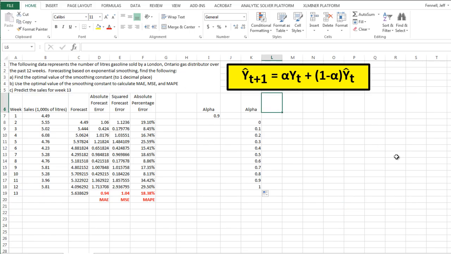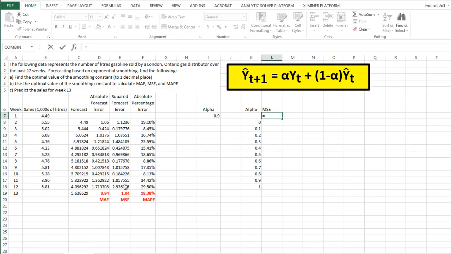How will that affect the measure of forecast accuracy I use to determine what makes a forecasting method the most accurate? And remember, our measure when we're dealing with the same scale and data is we want to talk about MSE. So if I adjust alpha to different values, how will that affect my mean squared error?